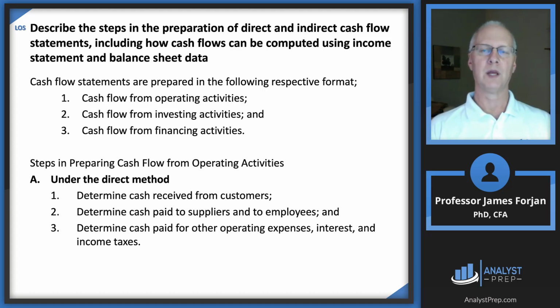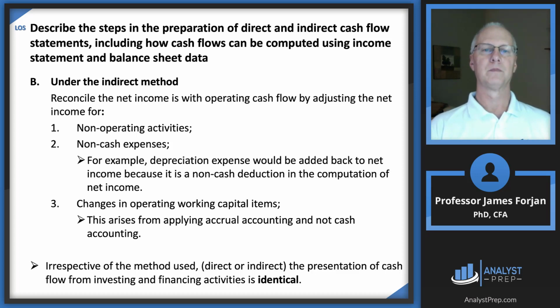So we have cash coming in, cash going out from operating activities, and then some other stuff as well. Under the indirect method, we're going to start with net income and then adjust it for some non-operating activities, non-cash expenses, and then changes in working capital. Now, of course, it shouldn't matter whether you use direct or indirect.